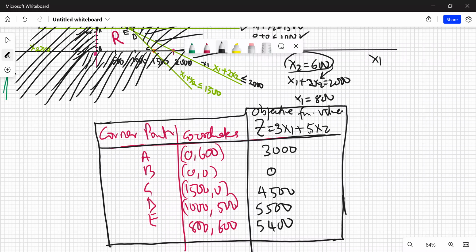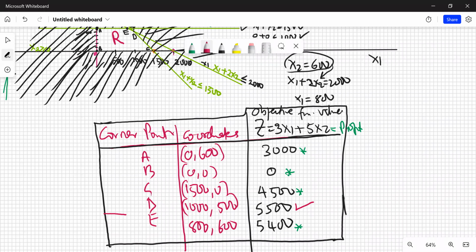And because our objective is to maximize profits, and these are the profits, you look at these: a profit of 3000, a profit of 0, a profit of 4500, a profit of 5400. That means maximum profit is obtained here. So this is the combination of resources that will give us maximum profit.